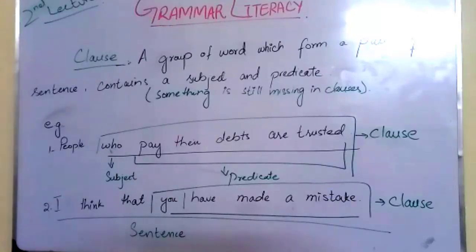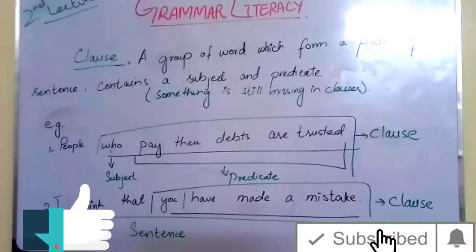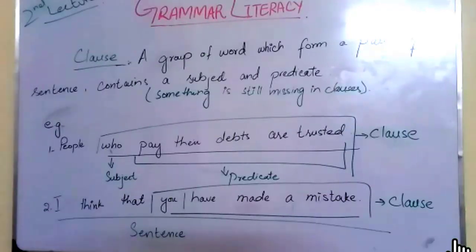Predicate could be the rest of the sentence, or the part of the sentence except the subject. I'm going to give you the definition if you require it, write it in the comment box. If you want to discuss the subject and the predicate with me, we will discuss it further.